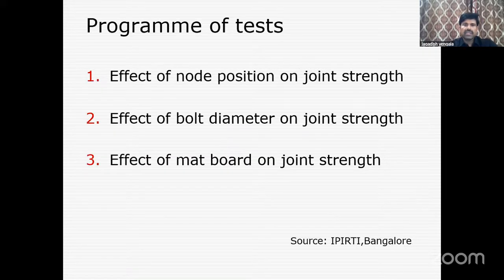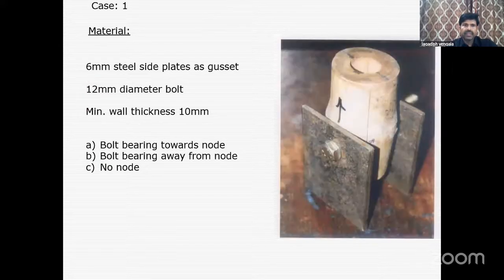Three types of tests were conducted: the effect of node position, the effect of bolt diameter, and the effect of mat board. In case one, the node position, 6 mm steel side plates are used as gussets. Here we have used steel plate because the gusset plate is not the main criterion.